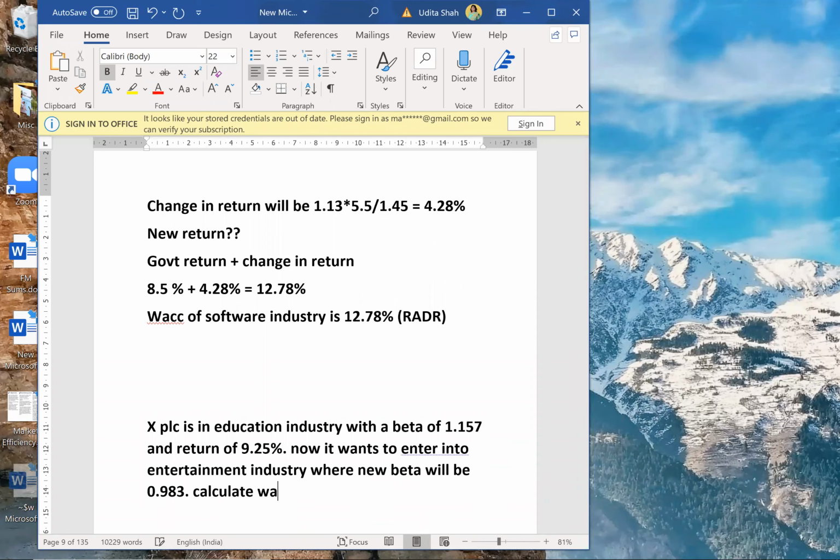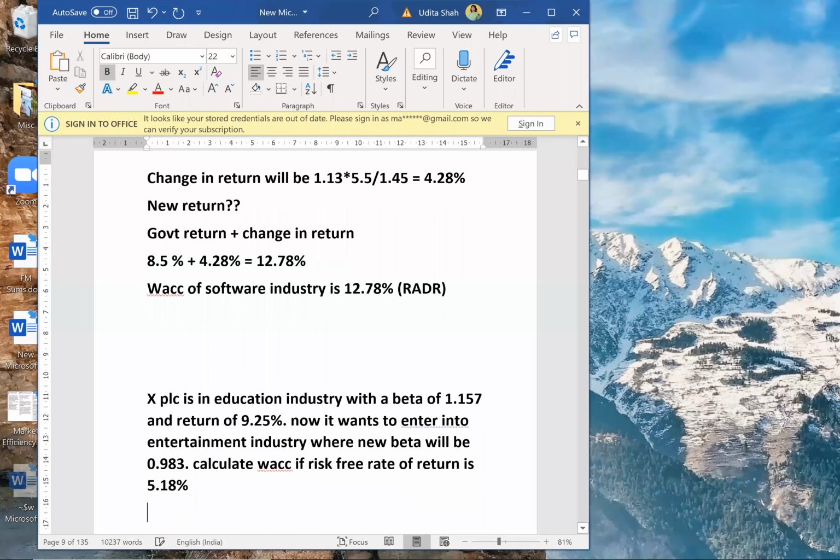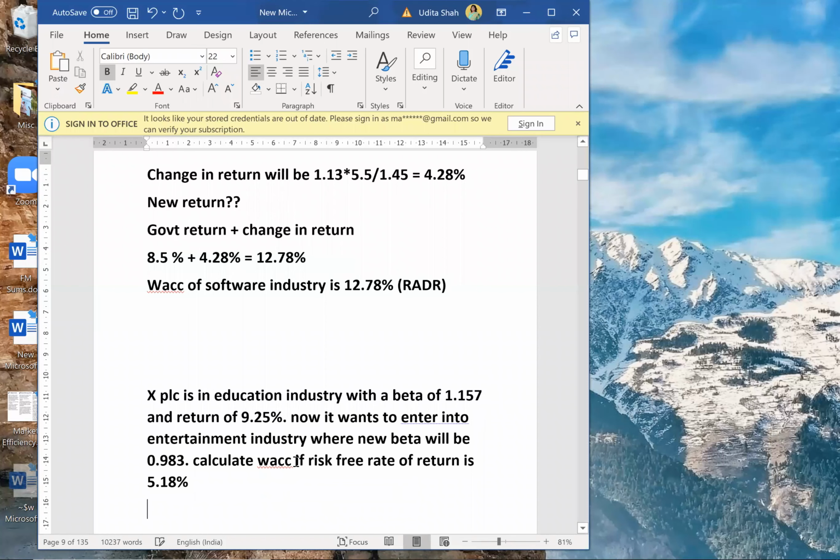Calculate WACC if risk-free rate of return, means what? Means government return. Risk-free rate of return is 5.18%. Do it. So calculate WACC of entertainment industry.